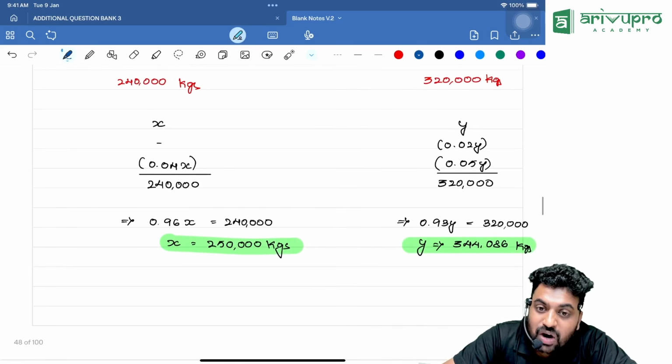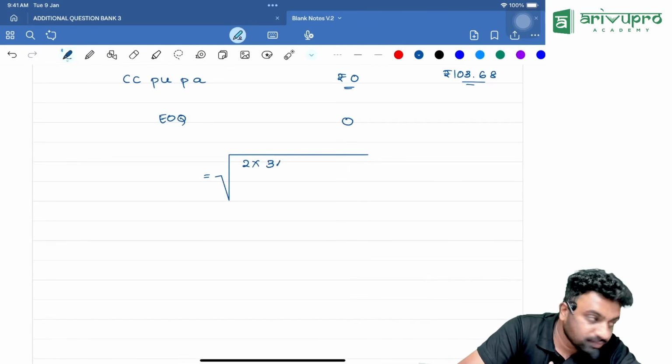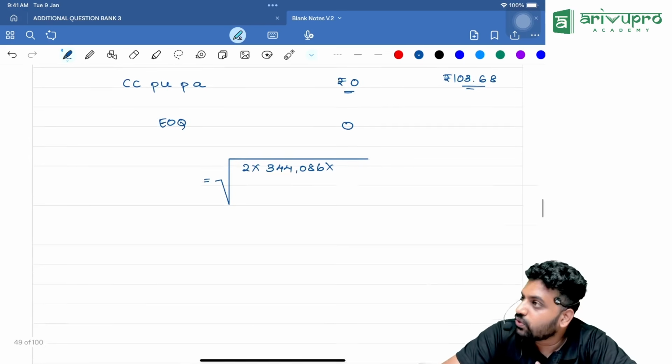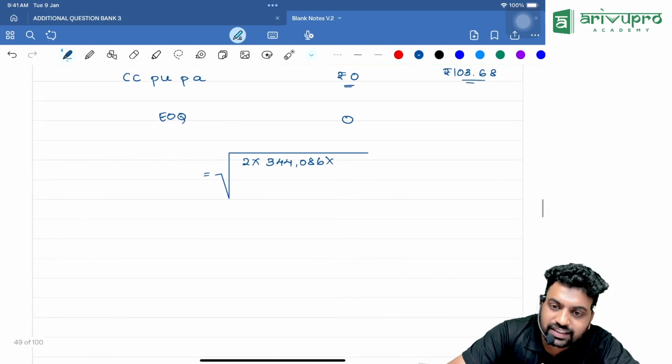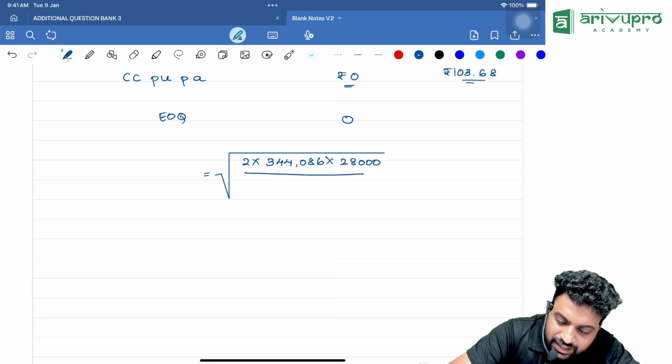A is what we purchased, the annual requirement to be purchased: 3,44,086, into ordering cost per order, that is nothing but freight, 28,000, divided by carrying cost per unit per annum, 103.68.